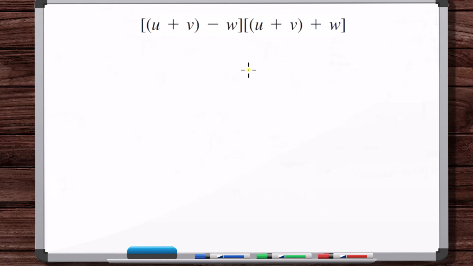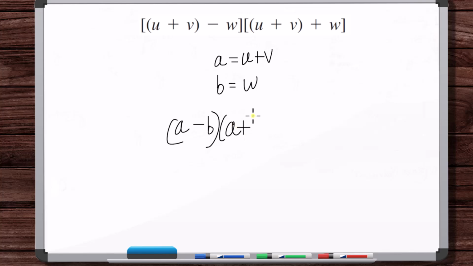Okay, we can look at this like, so if a is equal to u plus v and b is equal to w, then what do we have? We have a minus b times a plus b, which we know is a squared minus b squared, this difference of squares.